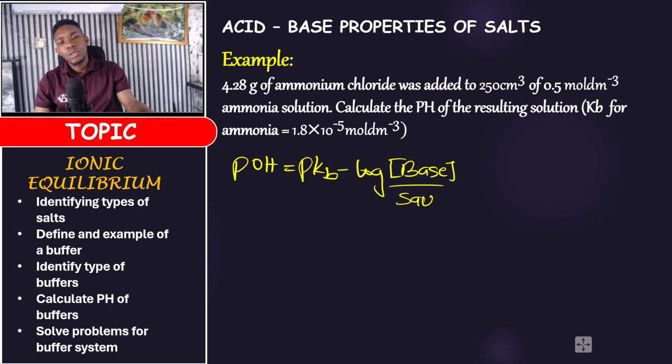base over the salt. Now in this question, the first thing you need to do is to identify the base and the salt. In this case, ammonium chloride is the salt, while ammonia solution is the base. We've explained something like this before in our previous lecture. Is that okay? Now how do we calculate the concentration?